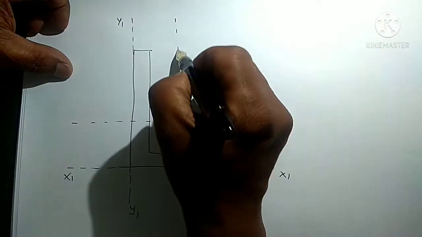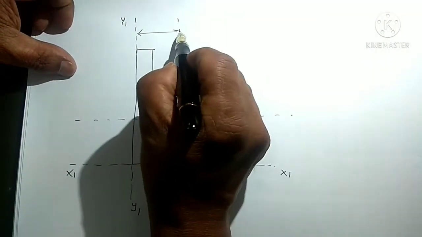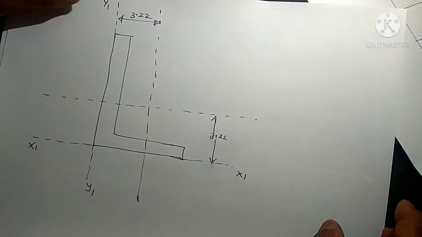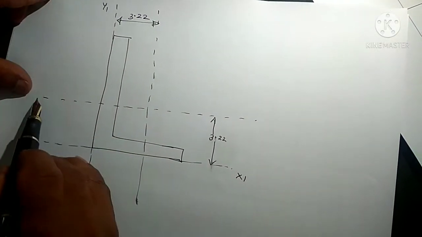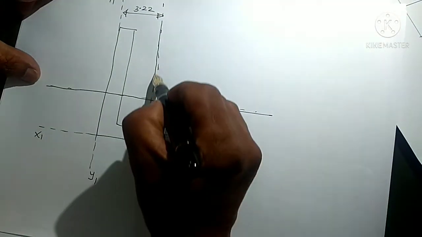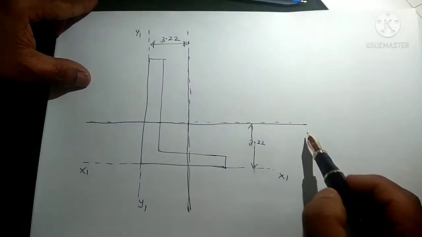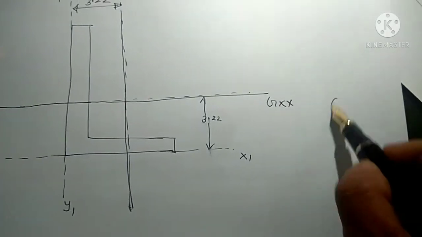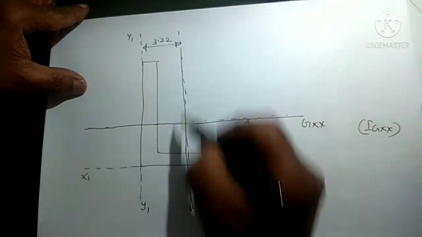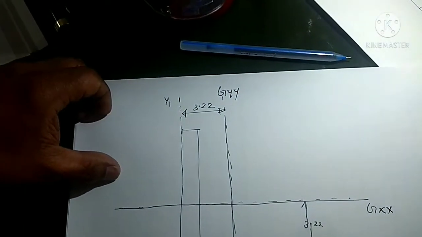Similarly, the vertical centroidal axis from this reference axis is also at 3.22. So this is our new reference axis. With respect to GXX, we already found IGXX. With respect to this reference axis, which is GYY, that we have to find out.